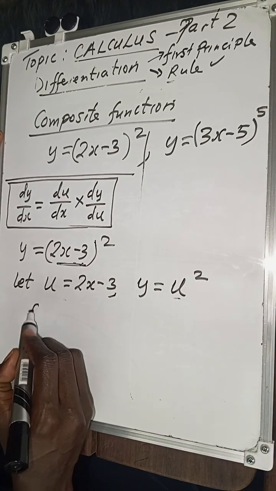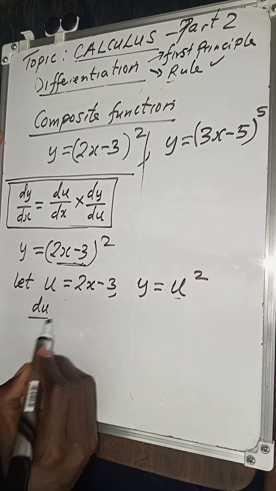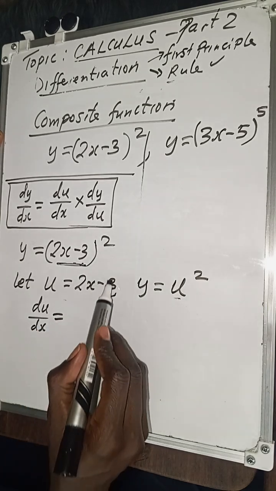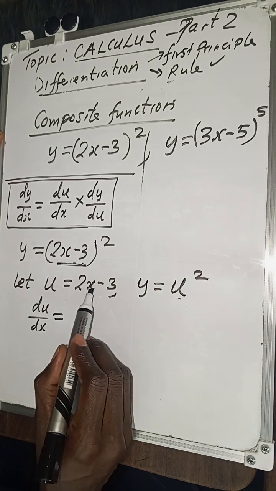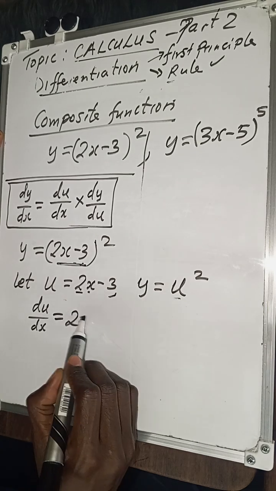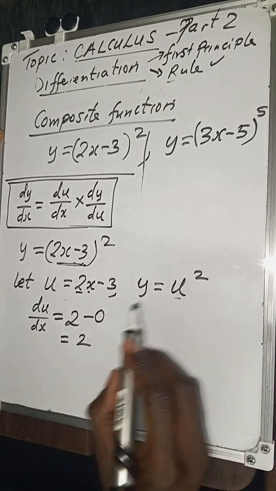What is inside is 2x minus 3, so du over dx is equal to, when we differentiate that, 2x, remember a number and a letter, you just have 2. A constant will give you a 0, so I'll just have a 2 there. What about this side?